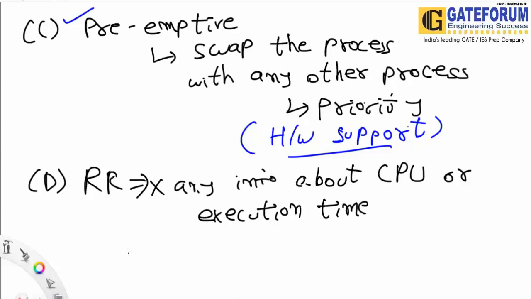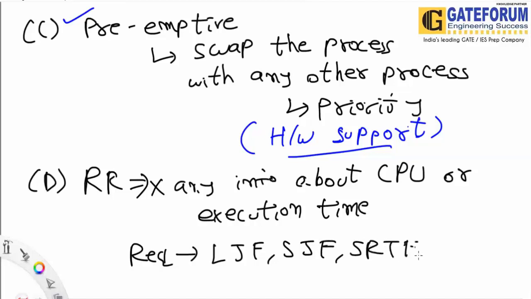It would be required in the case of LJF, SJF, SRTF, which are related to the length of the CPU time, or you can say LRTF. Only in these is the length of the CPU time required.